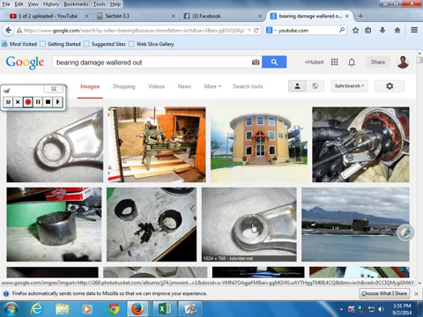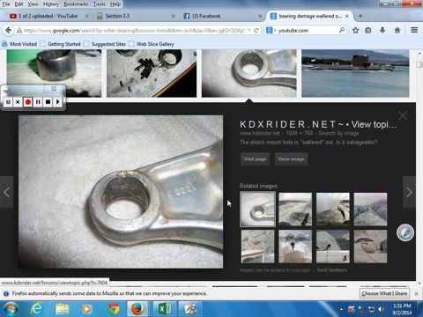But this picture right here, you see this? See that damage? Wallered out is what happens when you have a shaft. Here's a hole, the bearing or whatever.